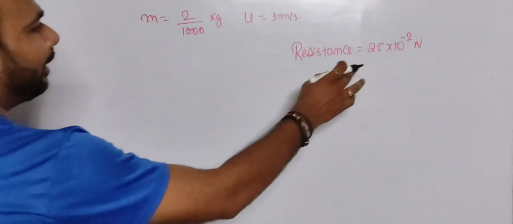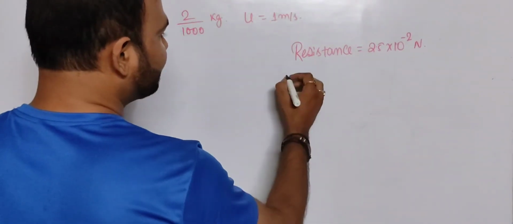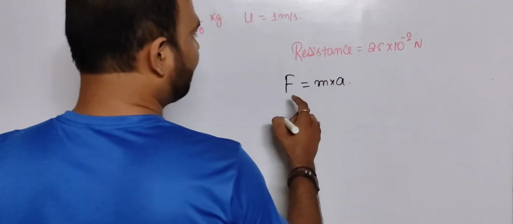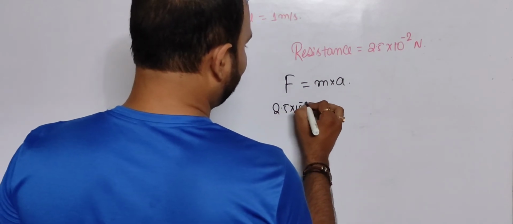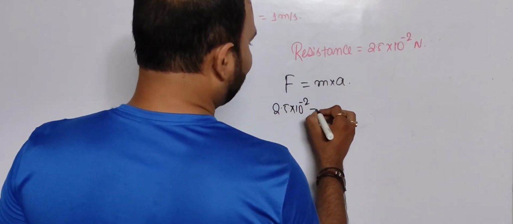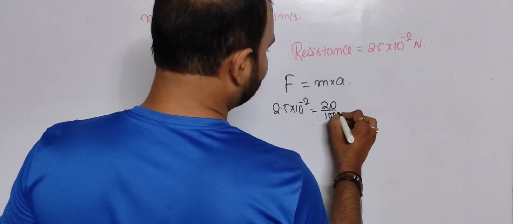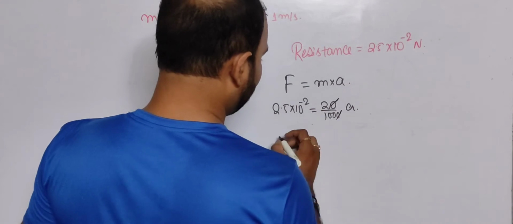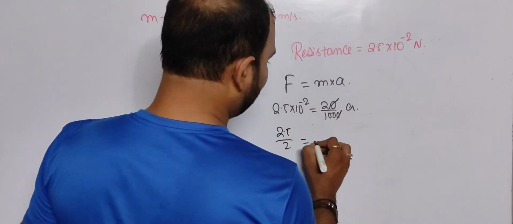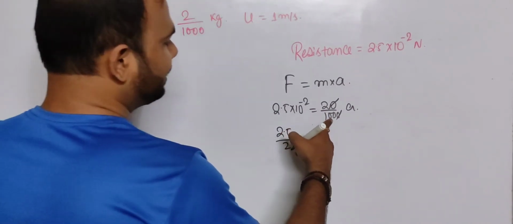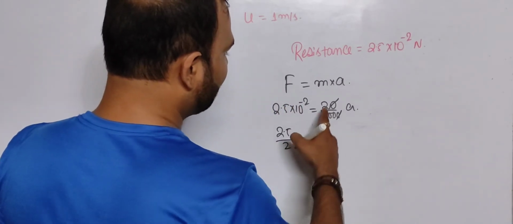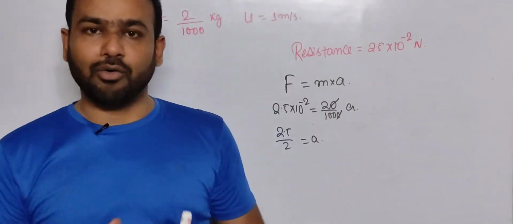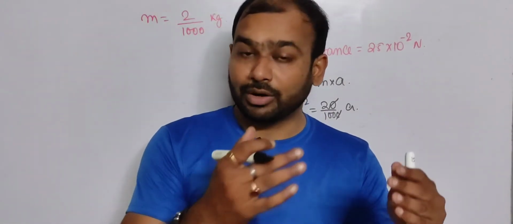So in this case, force equal to mass into acceleration, 2.5 into 10 to the power minus 2 equal to 20 by 1000 into acceleration. 20 gets cancelled out. 2.5 by 2 equal to acceleration. This 100 and this 100 will cancel out, divided by 2. This is the retardation offered by the wall.